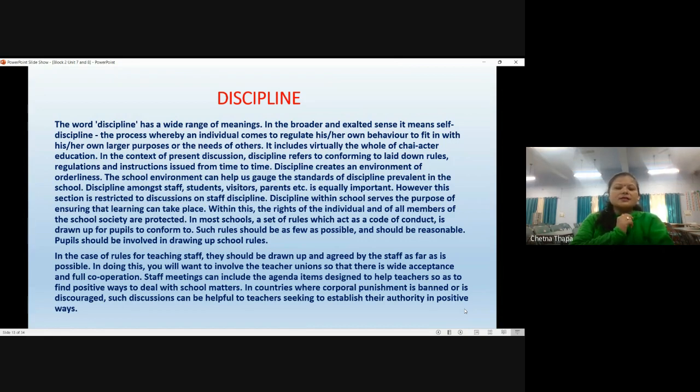There are various countries where corporal punishment is banned, and in India also it is banned and discouraged. So when we are discussing such things with our colleagues, with our teachers, we will try to establish authority in positive ways also.